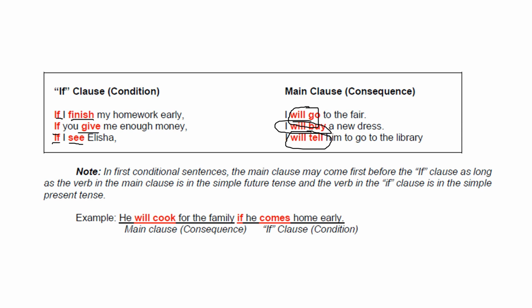Note that in the first conditional sentences, the main clause may come first before the if clause, as long as the verb in the main clause is in the simple future tense and the verb in the if clause is in the simple present tense, like this one. So let's remember that, okay?